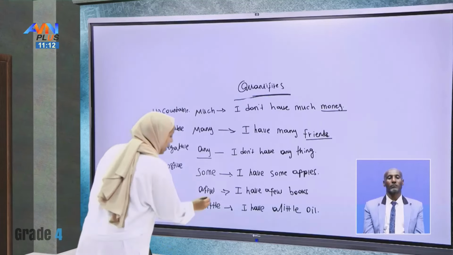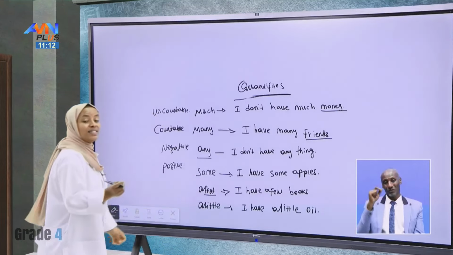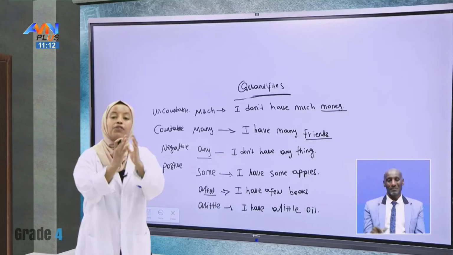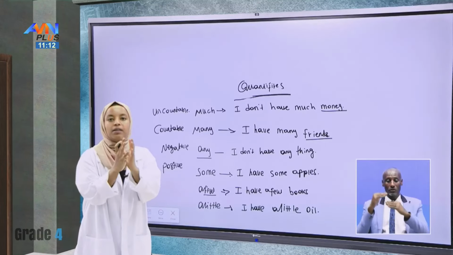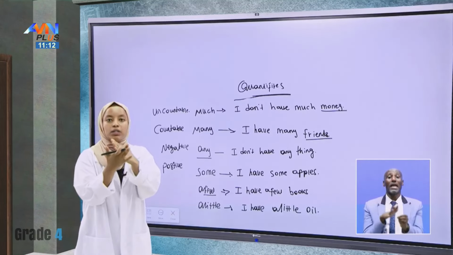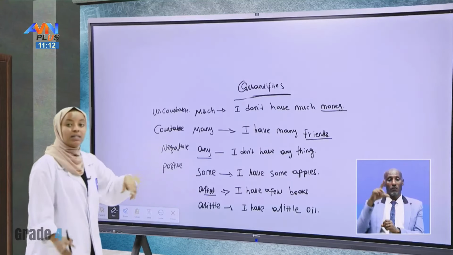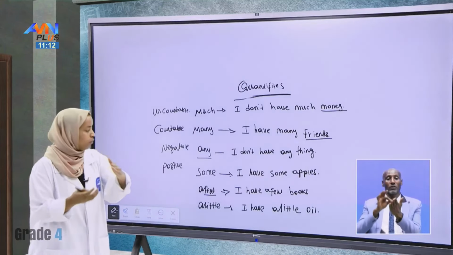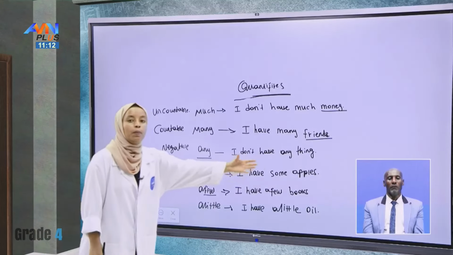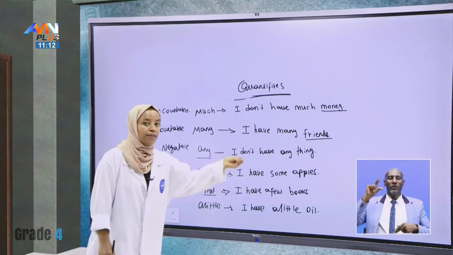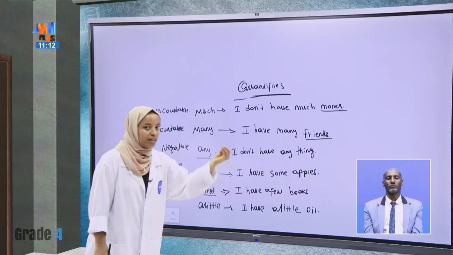So when we come to a few and a little, these are a small amount, not much and not enough maybe. When we come to a few, it is countable. For example, I have a few books. This is a countable noun.